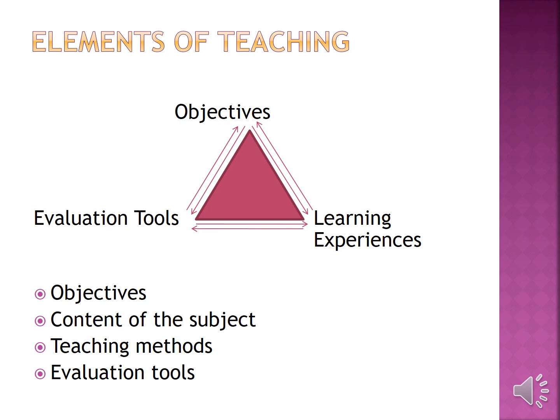On the second vertex you will get the learning experiences or teaching methods, and on the third vertex you will get the evaluation tools. My dear friends, at both ends, for example objectives and learning experiences, you will find that it is a reversible kind of process.